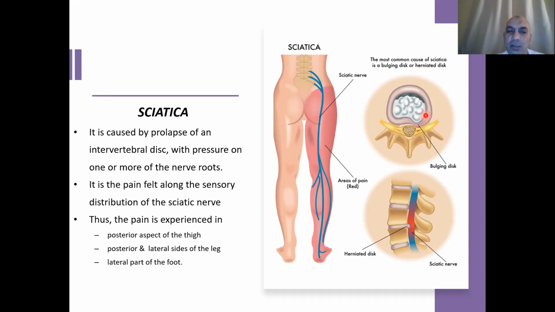The patient experiences pain along the back of the thigh and the back and lateral aspect of the leg and the lateral aspect of the foot. So this is called sciatica.